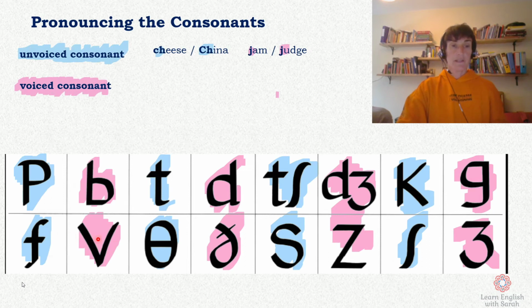Alright, so down here again we've got two that look like letters, but really they are f, v. I quite like this sound. It reminds me of a mosquito. I don't like mosquitoes, but I do quite like this sound. For some language learners, this is a very difficult sound.